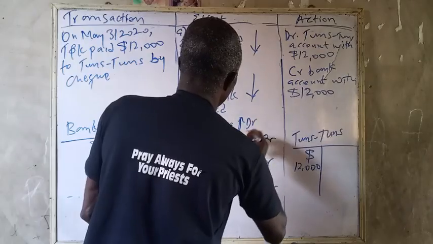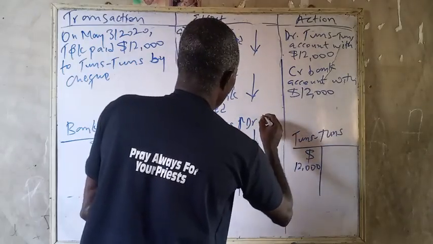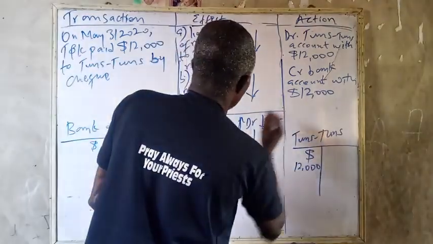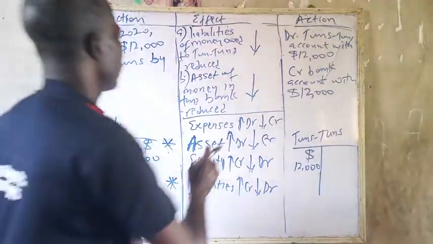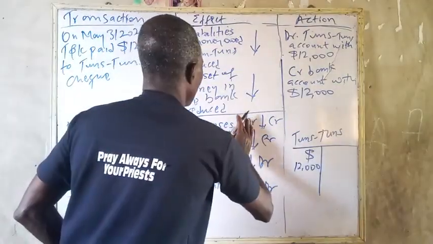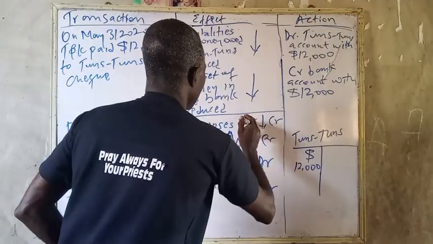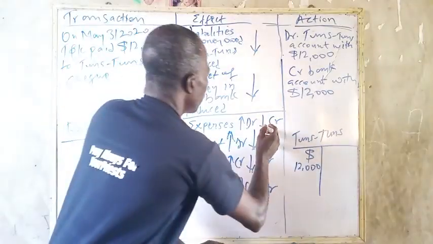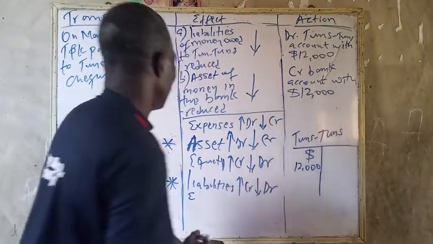You debit. Expenses decrease, what do? You credit. Let me put it this way. When expenses increase, you debit. Expenses decrease, you credit. It is an arrow showing increase and reduction.